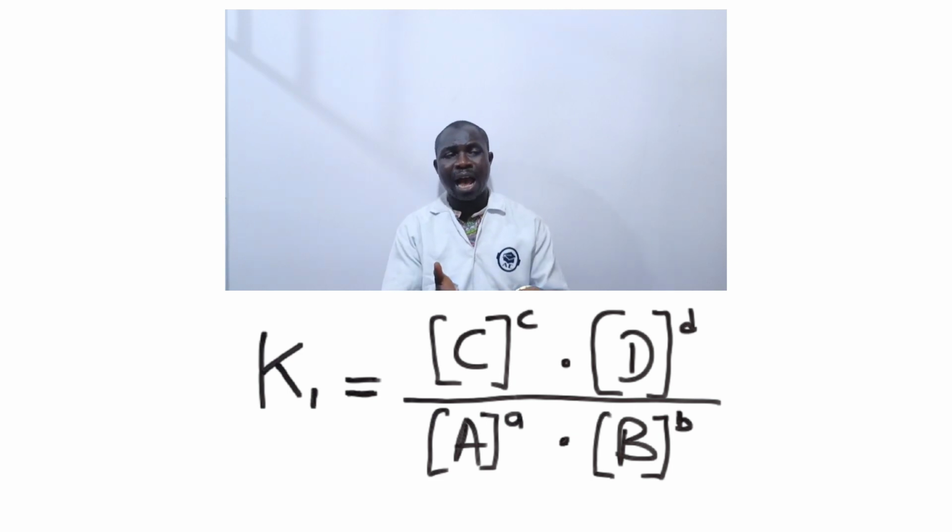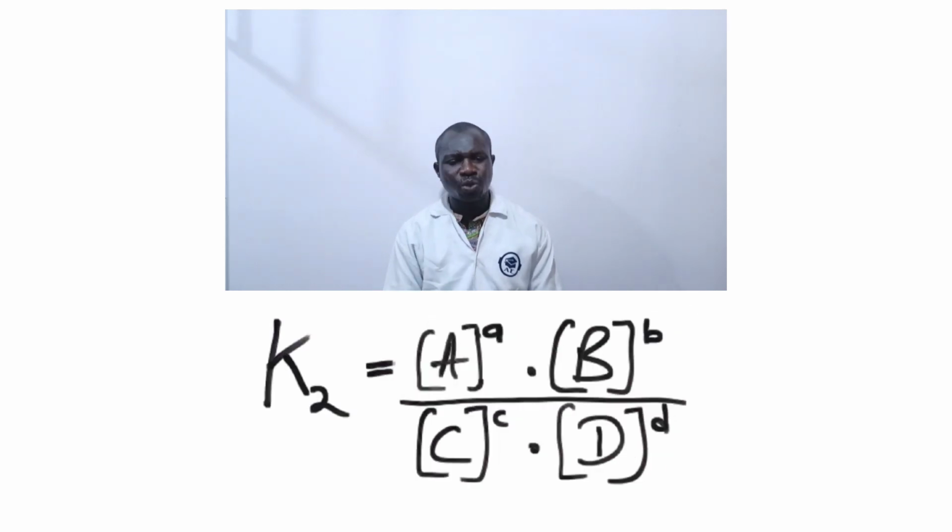The products, are what? The numerator, while A and B are what? The denominator. In K2 we have aA plus bB over cC dD, while small a, small b, small c and small d are what?